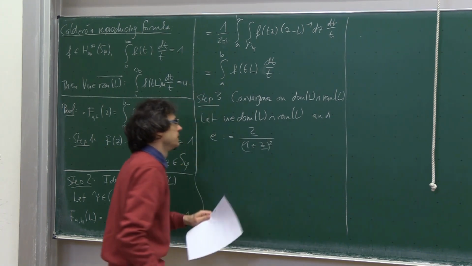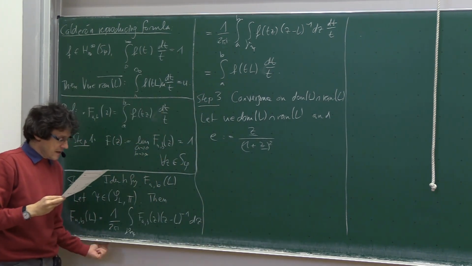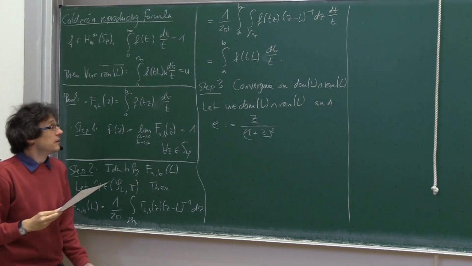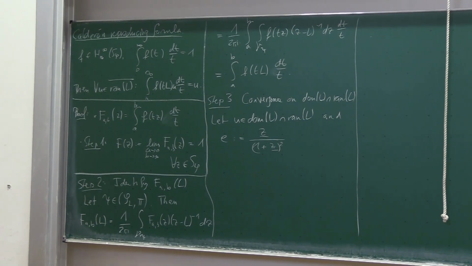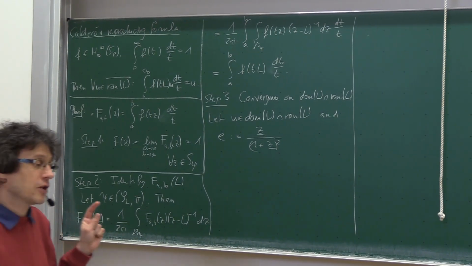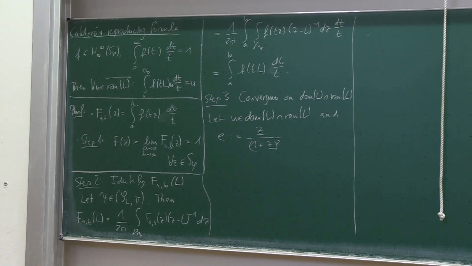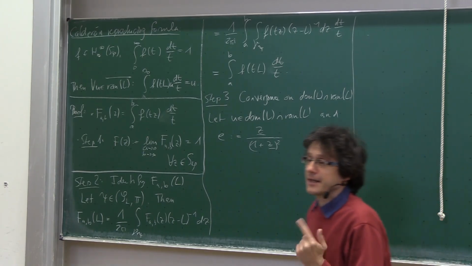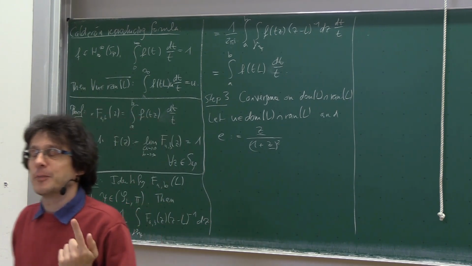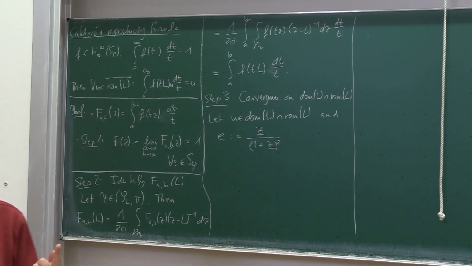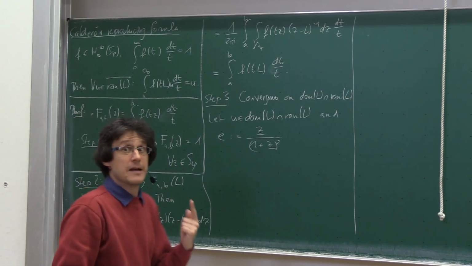And why is this function interesting here? Note, we do not take this as a regularizer because, first, we do not need a regularizer, because all our functions are already in H0 infinity. And secondly, we do not know if our operator L is injective, so it wouldn't even be admissible as a regularizer.